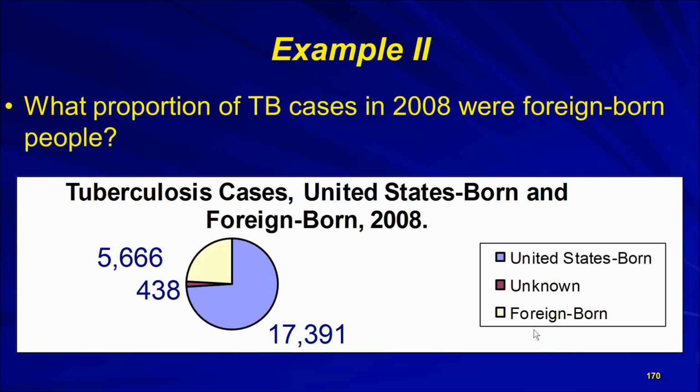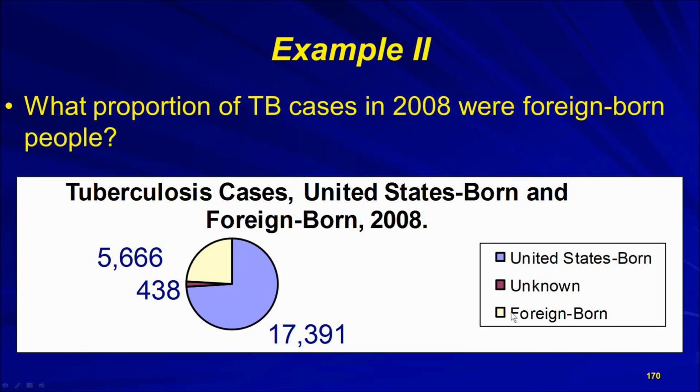Now, first off, we have to remember that all of the people in the pie chart have TB. Everybody has TB. Okay? And so we want to know what proportion of the TB cases in 2008 were foreign-born people. Okay, so foreign-born has to do with the yellow, right?